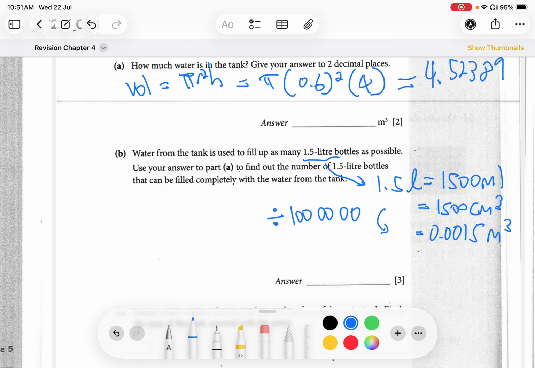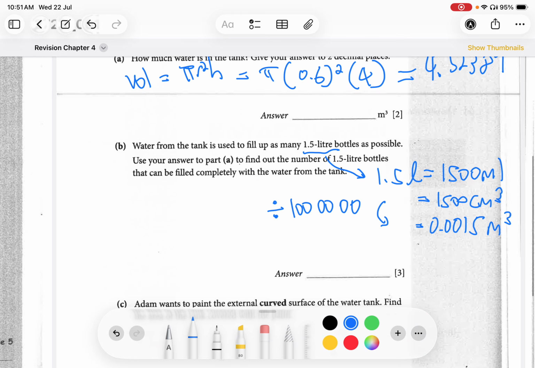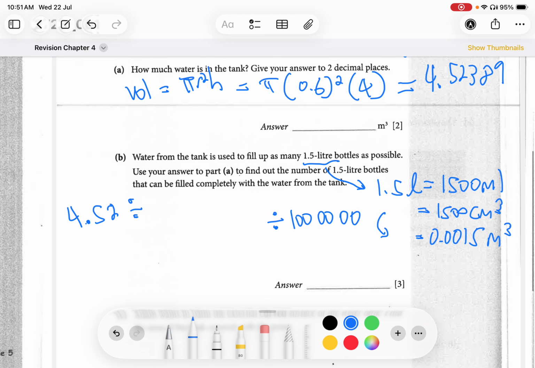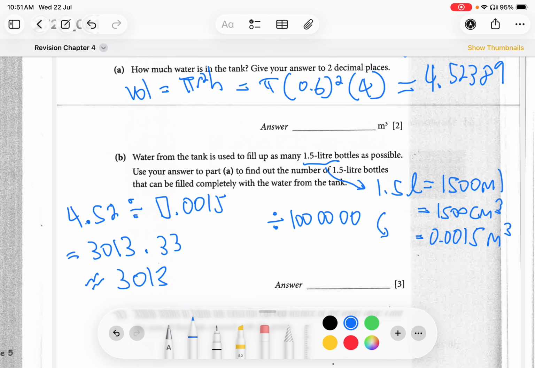So how many bottles can you fill completely? 4.52 divided by 0.0015. 3013.33. So logically I cannot get the 0.33. So they can fill 3013 bottles.